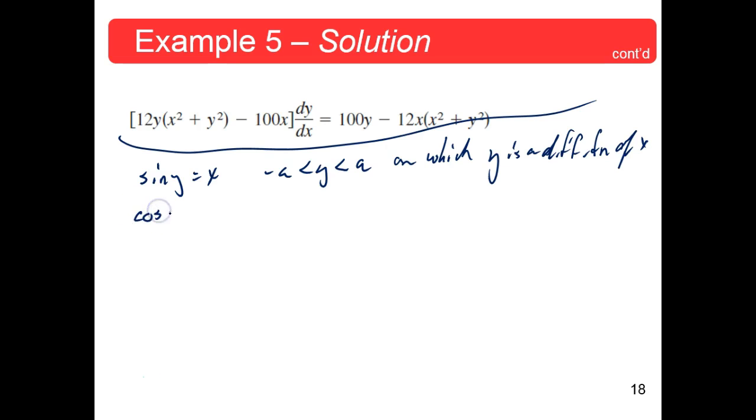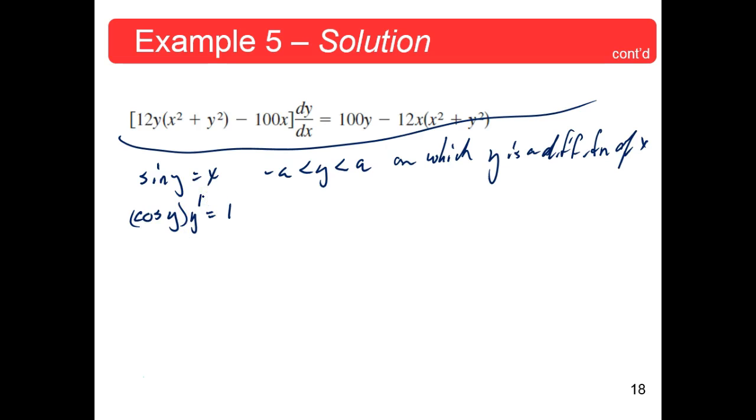Cosine y equals... Whoa. Okay, I agree with the equal 1. Don't change that. That part was okay. Cosine y prime, y prime. Okay, cosine y prime. That's it.